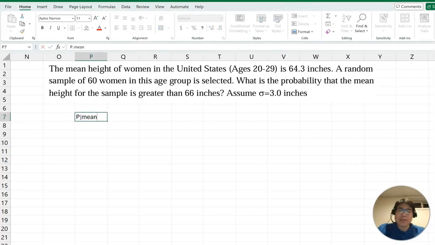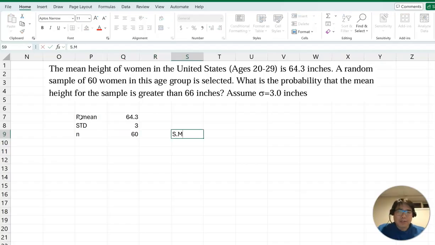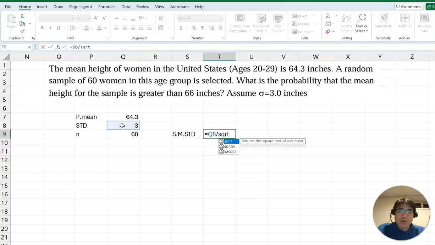So the population mean equals 64.3 inches, the standard deviation is 3.0, and the sample size equals 60. Now you need to find the sampling mean distribution standard deviation, which equals the original standard deviation divided by the square root of the sample size.